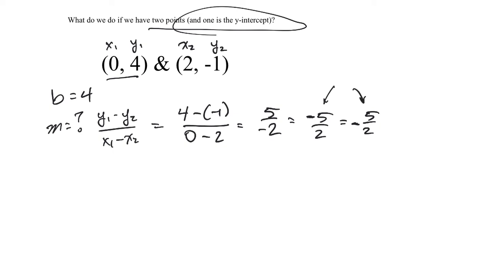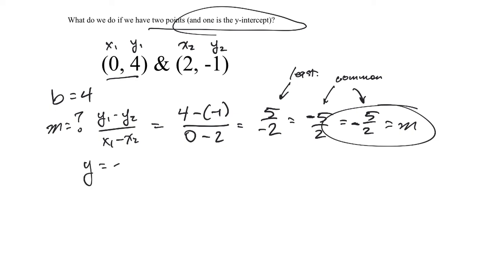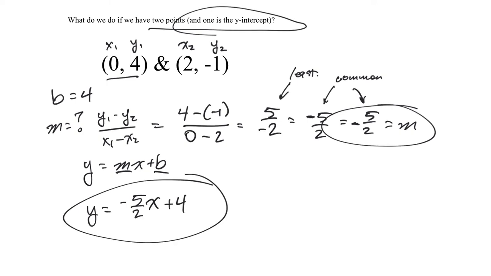These two are probably the most common. This is the least common. Okay, but now I have m. So I'm going to replace it. I'll take my formula, and now I'm going to replace m and b. So y equals negative 5/2 x plus 4. And I'm done.